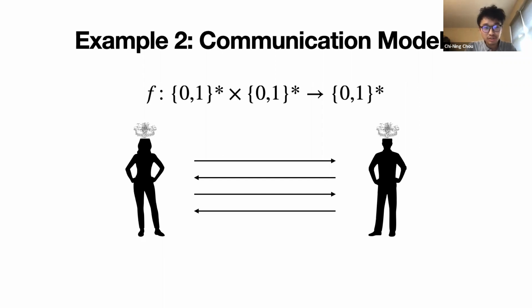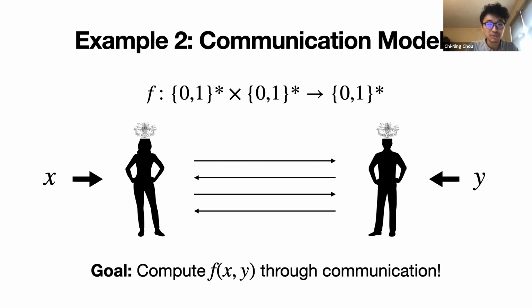Unlike a Turing machine computing a function with a single input, here both of them collaboratively compute a function with two inputs. This is the first part of the input, and this is the second part of the input. Alice receives input X, Bob receives input Y, and the goal is to compute f of X, Y through communication.